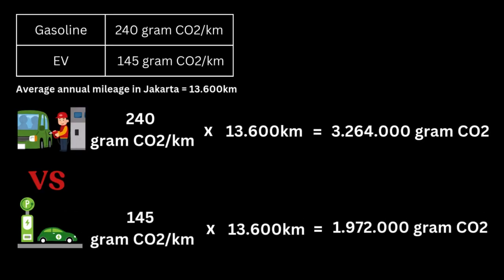So the yearly emission for the gasoline car is 3,264,000 grams of carbon dioxide and 1,972,000 grams of carbon dioxide for electric cars.